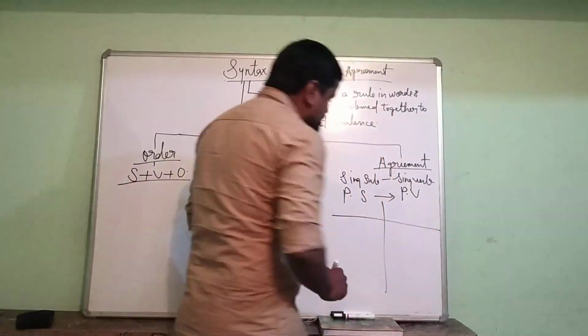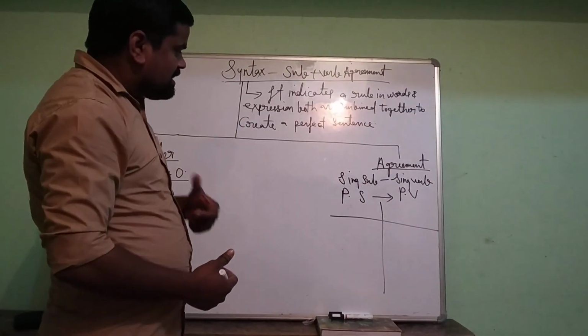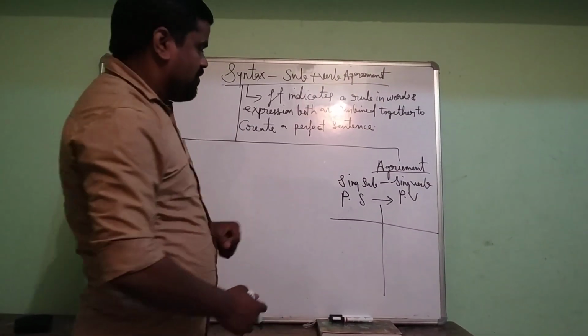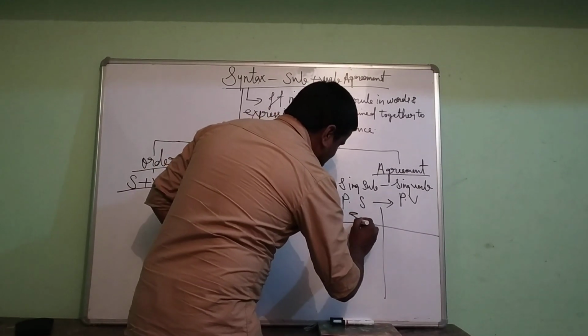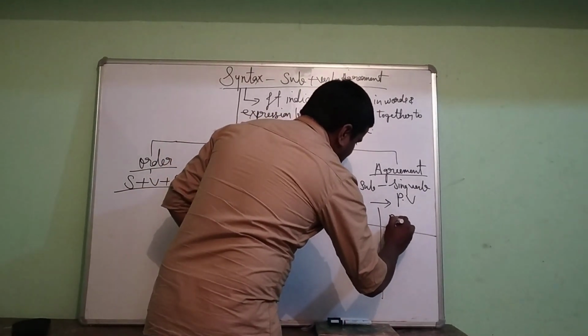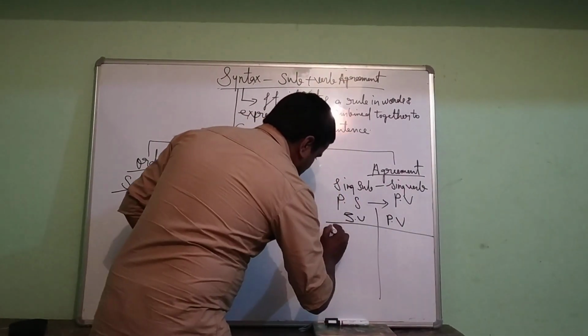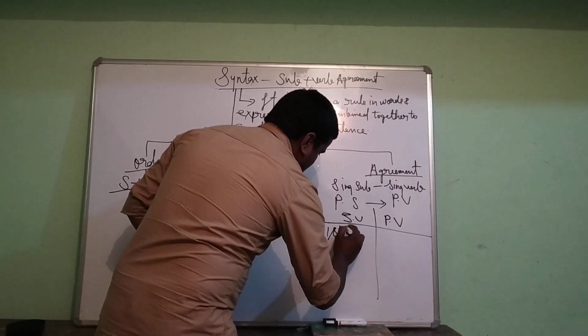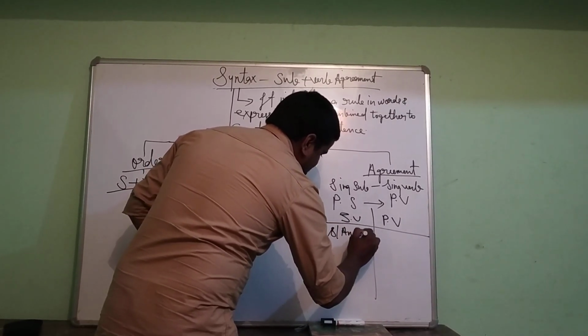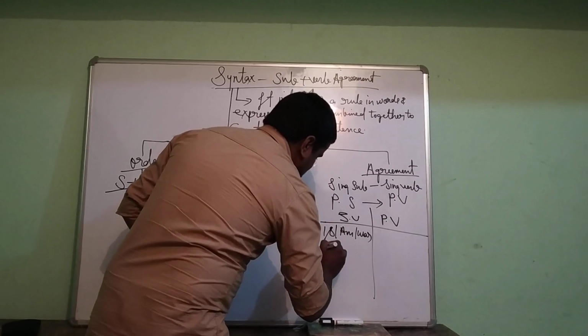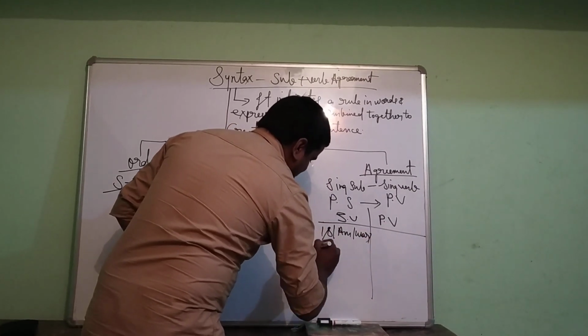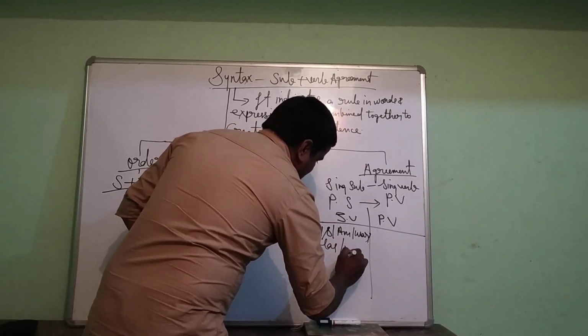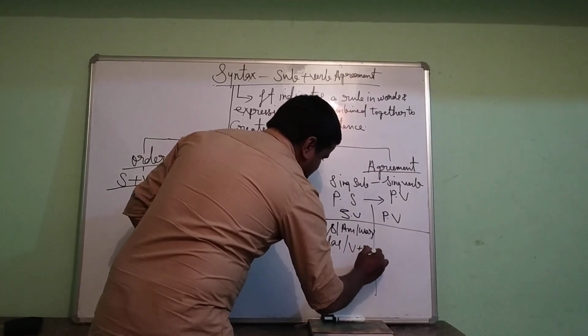Now I am going to describe the differences between singular and plural verbs. Look here, this is singular verb and that one is plural. In singular: is, am, was, has, and verb plus s or es.